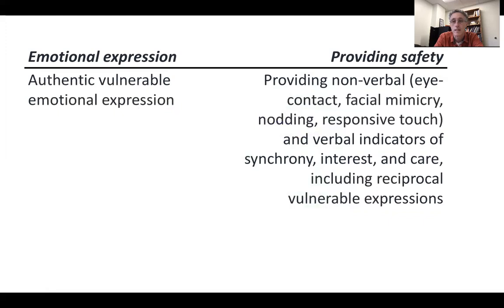How are we expressing safety with our eye contact, with our faces, by nodding, with responsive touch as appropriate? And then how are we expressing safety verbally with indicators of synchrony, interest, and care? Simply saying, "You are safe with me." And then really importantly, this idea of reciprocal vulnerable expressions. We need everyone to be engaging in vulnerability reciprocally in order for safety to develop.